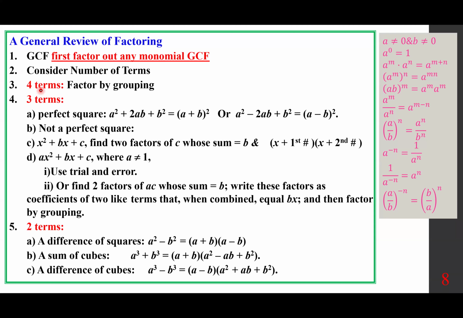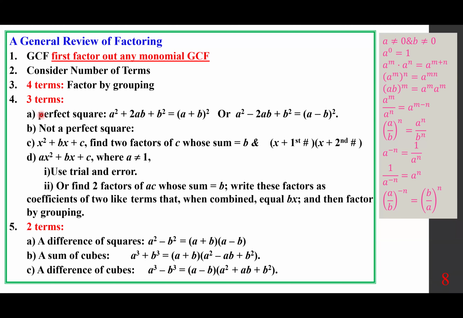If we have 4 terms, in fact 4 or more, or one might say more than 3, you have no choice but to do some sort of grouping, factor by grouping. If you have 3 terms, a few situations happen.